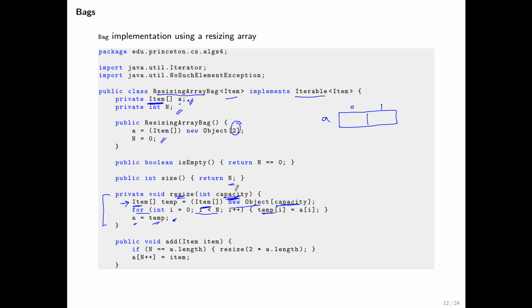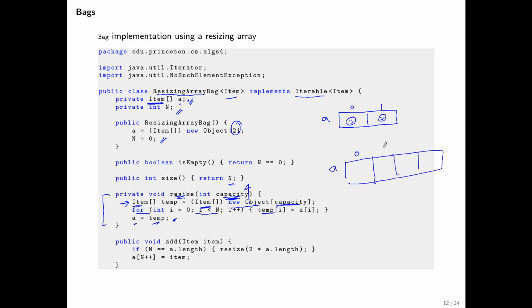So for example, if A started out with a capacity of 2, and then we make a call to resize with a capacity of, let's say, 4, and let's say there were two items in there. So now, after this method is called, A is going to be resized to 4.